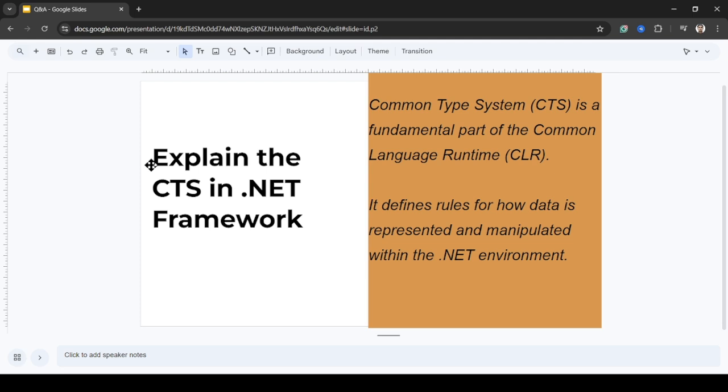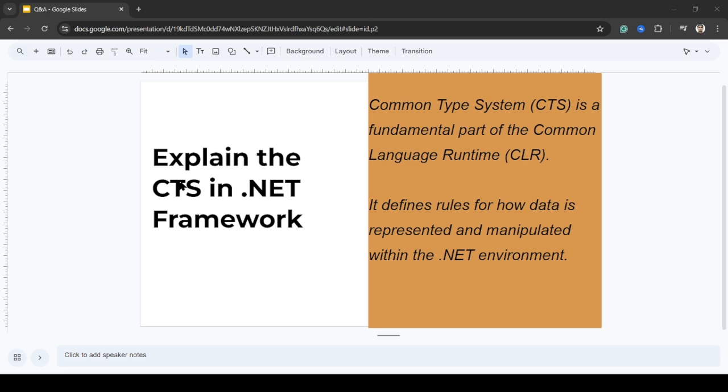The CTS defines rules on how data is represented and manipulated within the environment. To understand it, the CTS defines a common set of rules for all types used within the .NET framework, and that's how it helps in compilation and execution of programs written in any .NET CLR compatible language.